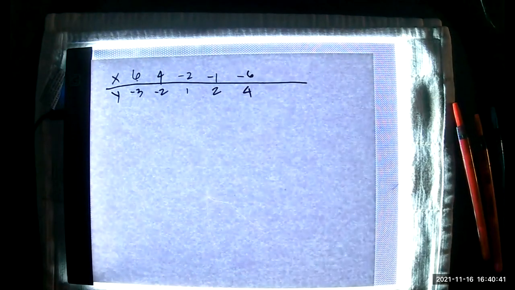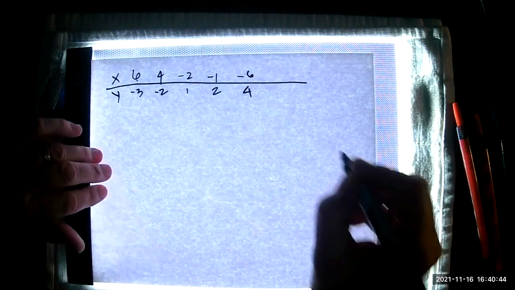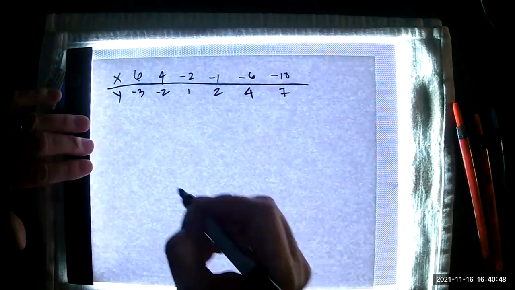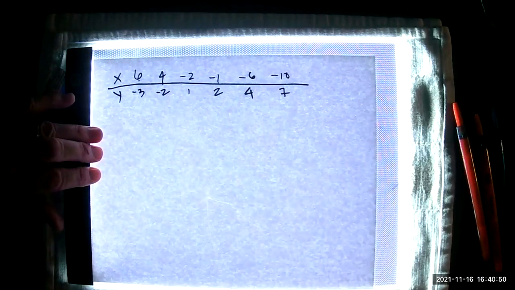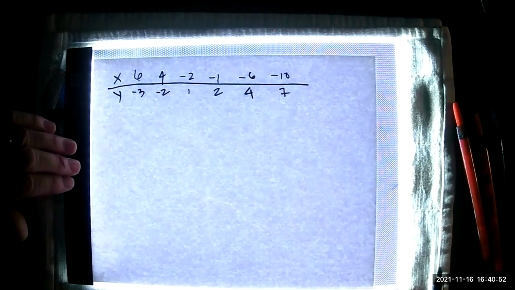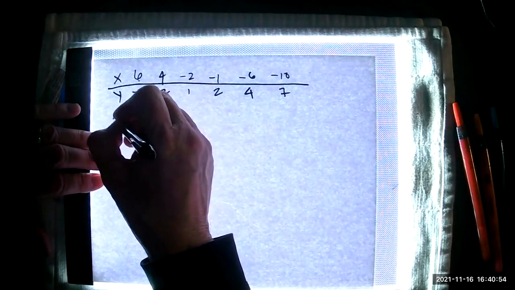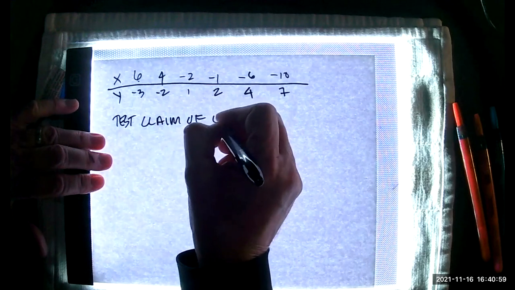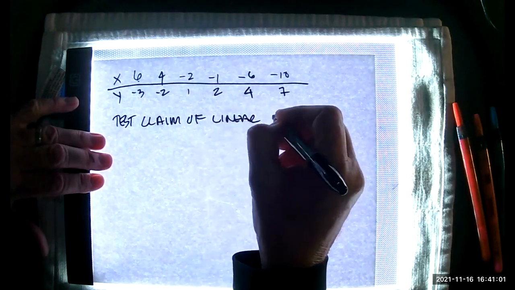And then the last one, -10. All right, so that's the data that's in my calculator. We're going to assume all my requirements are met, and we're going to test the claim of linear correlation.